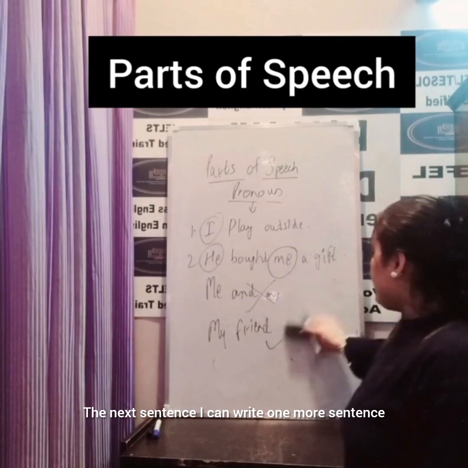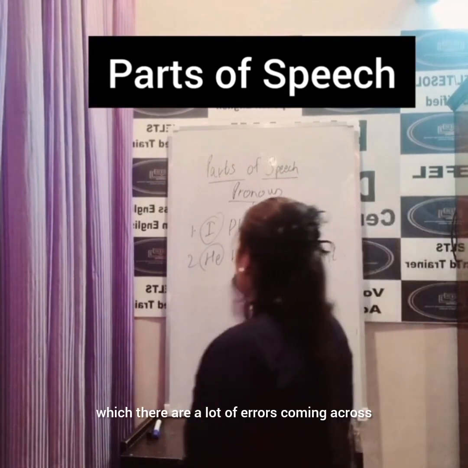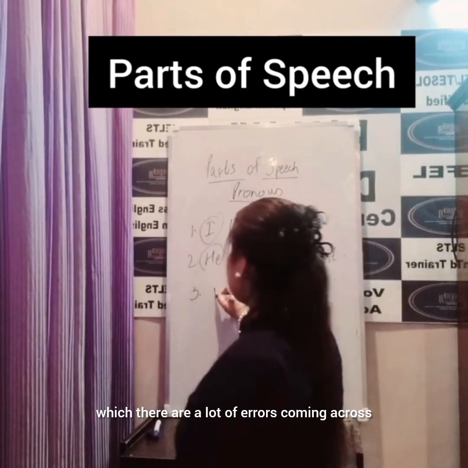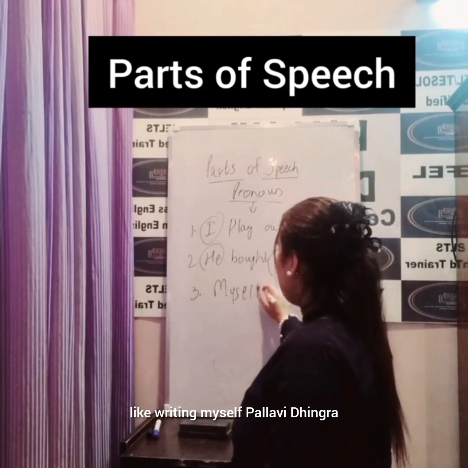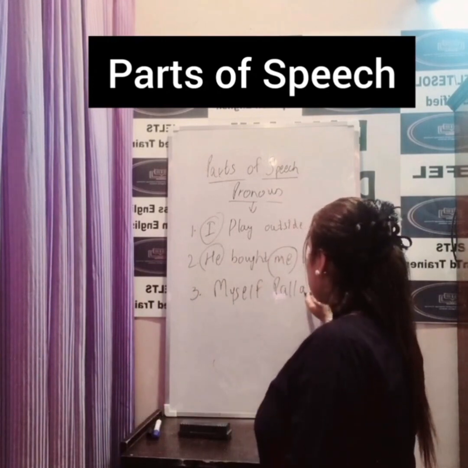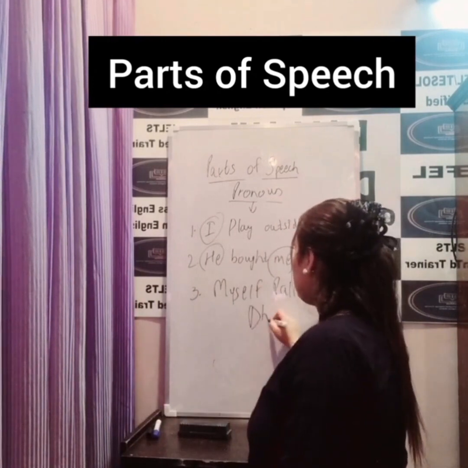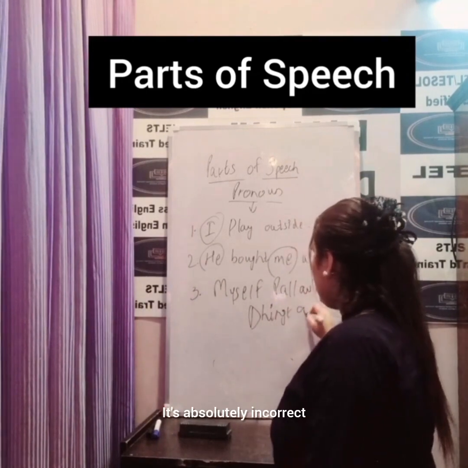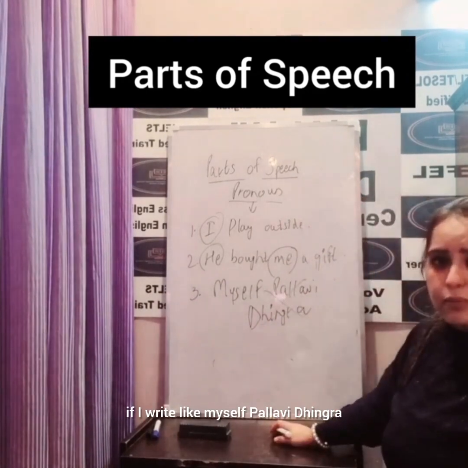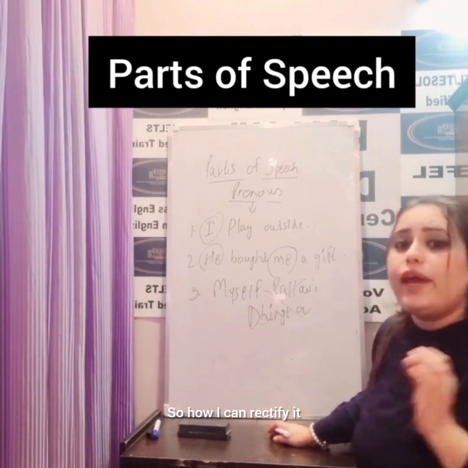The next sentence, I can write one more example where a lot of errors come across, like writing "myself Pallavi Dhingra". So what do you think? Is it right? No. It's absolutely incorrect. So how can I rectify it?